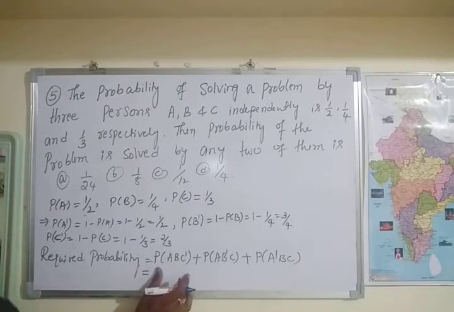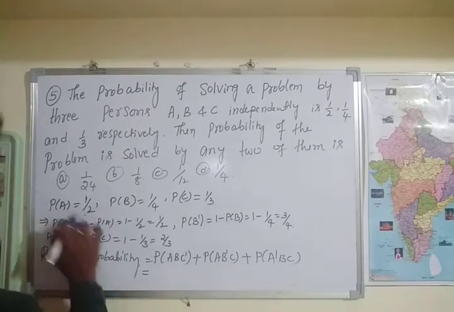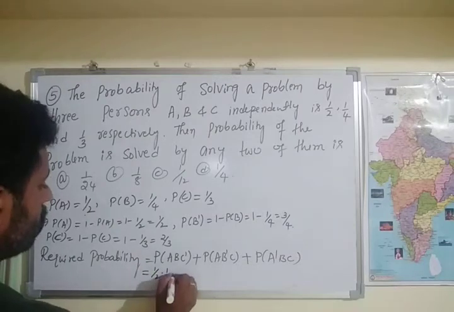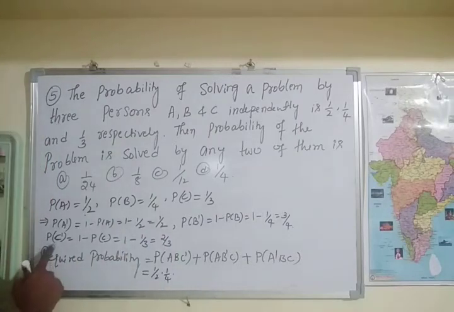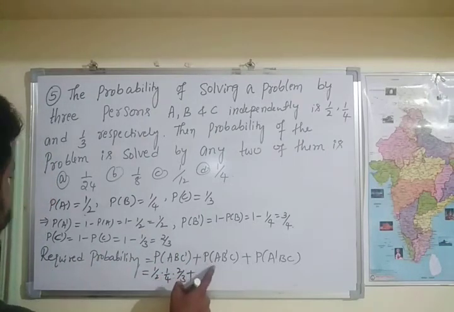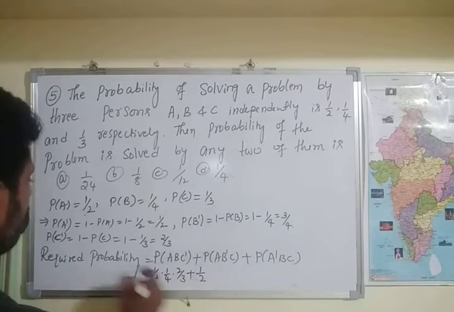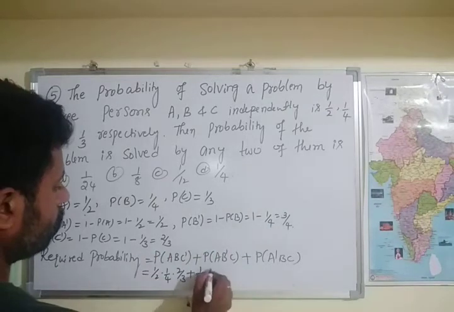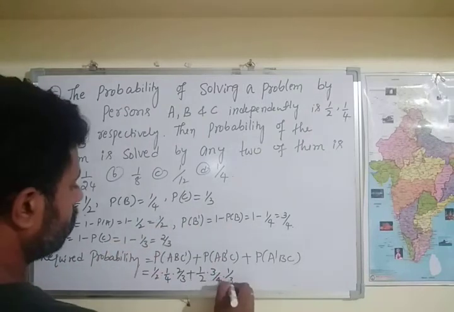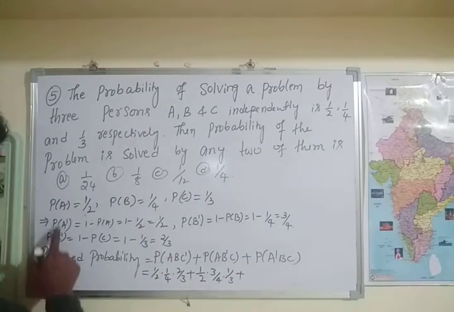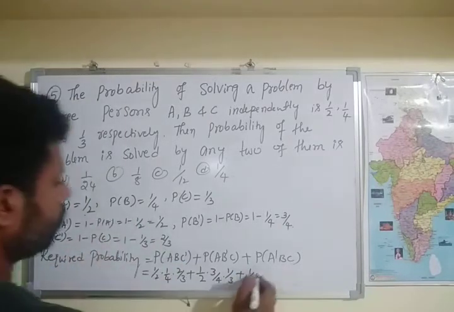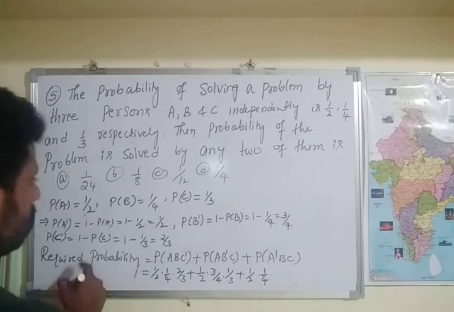P of A is 1 by 2 into P of B is 1 by 4 into P of C dash is 2 by 3, plus P of A is 1 by 2, P of B dash is 3 by 4, P of C is 1 by 3, plus P of A dash is 1 by 2, P of B is 1 by 4, P of C is 1 by 3.